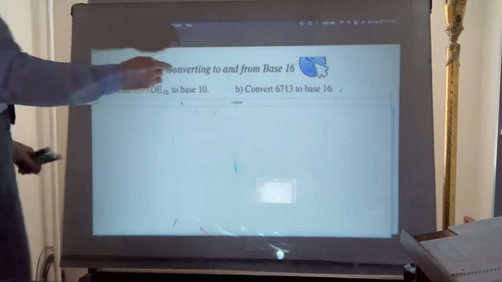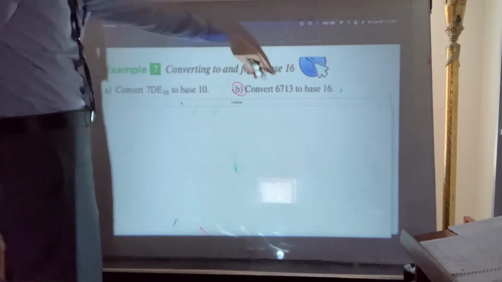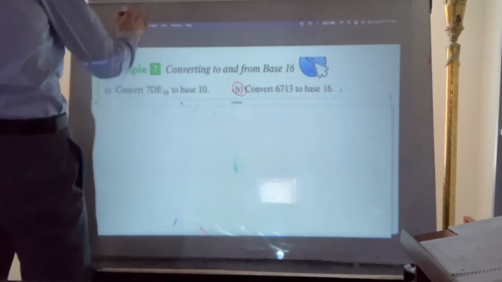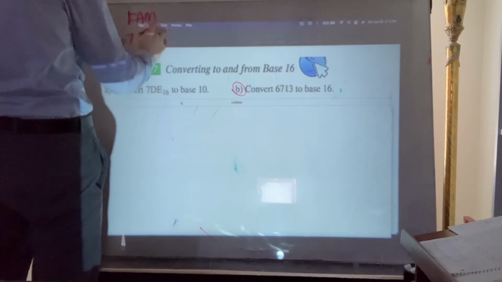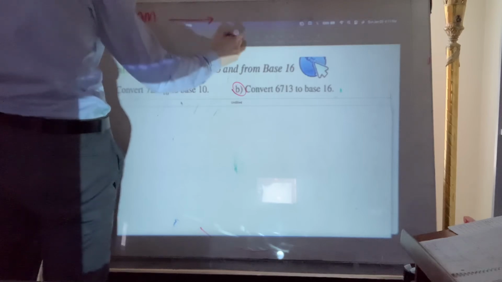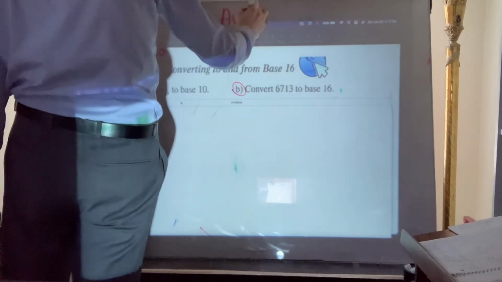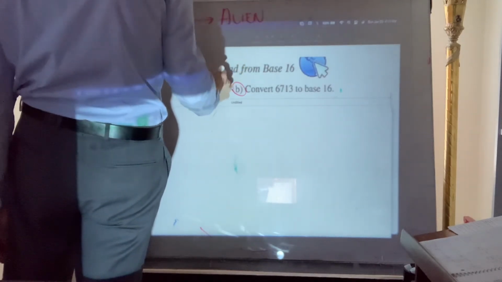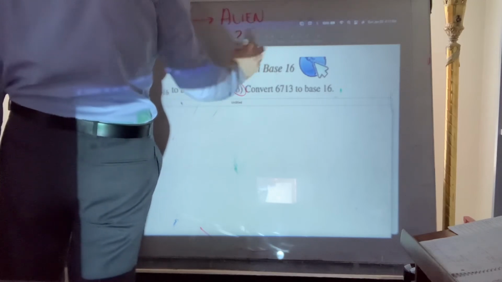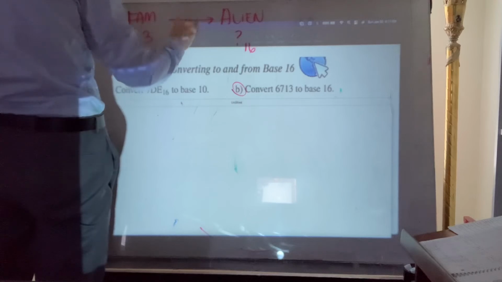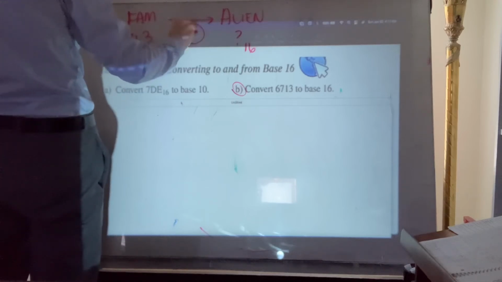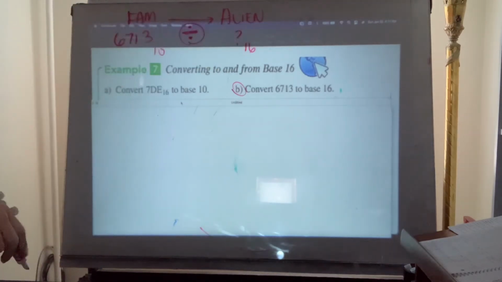I just want to do this one. We convert the regular base 10 number, which is familiar, 6713 base 10, into what is alien, something in base 16. If we start with the regular number and go to alien, we're going to divide. It's arguably more difficult to do this process going backwards.